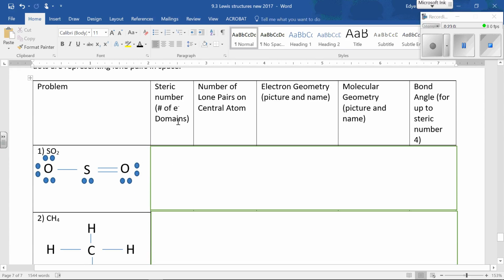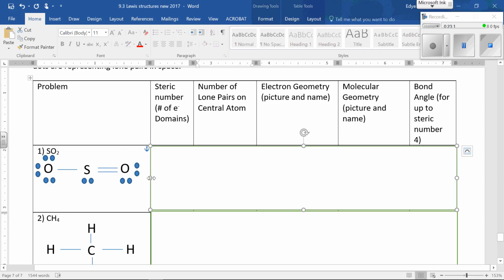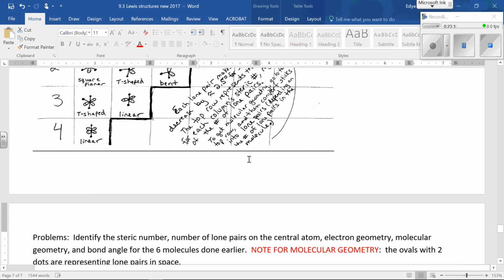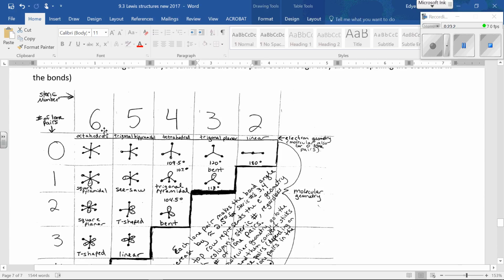We have SO2. What's the steric number? It's bonded atoms. 2 atoms are bonded, and there's 1 lone pair. So that's steric number 3. Number of lone pairs is 1. So we're going to look this up. Steric number 3, 1 lone pair. Okay, here is my molecular geometry.